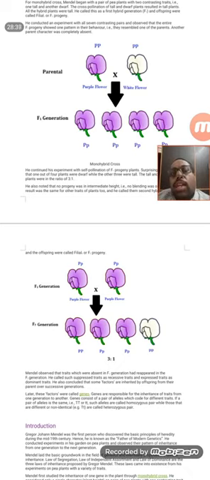In order to understand whether the parental generation is also carrying the same, he took the recessive phenotype, that is small p, crossed with the dominant phenotype, that is capital P, and he got that maximum of the F2 generation are heterozygous in condition.